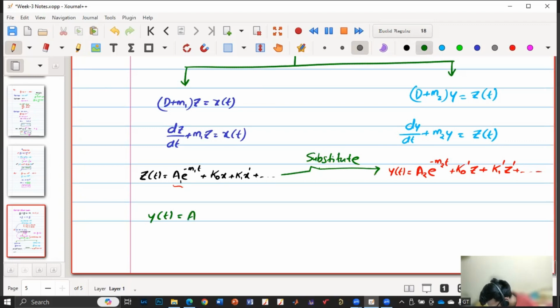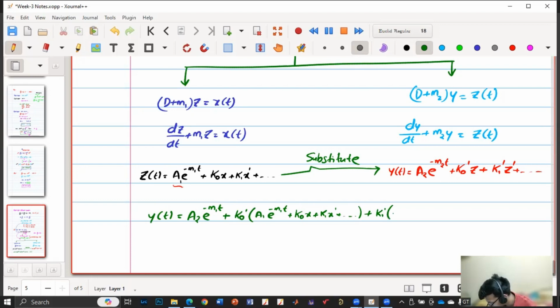A2 into e to the power minus m2t. The first term will be k0 dash into z, where z is a1 e to the power minus m1t plus k0x plus k1x dash plus, and so on, plus some k1 dash into z dash. So I have to consider the first derivative.